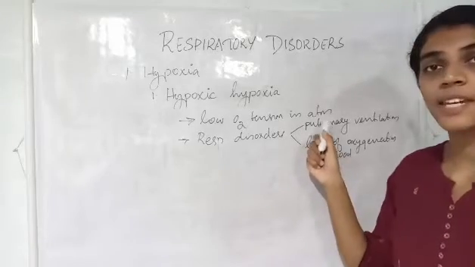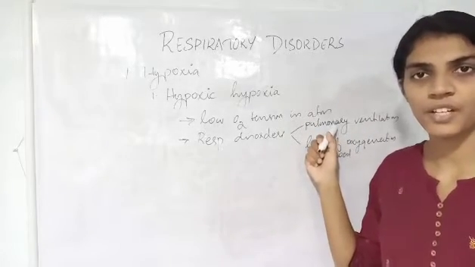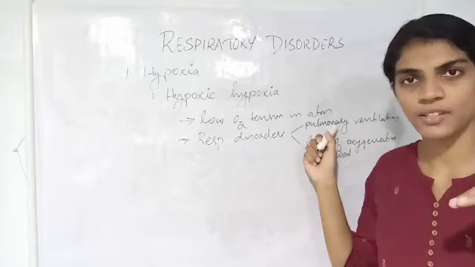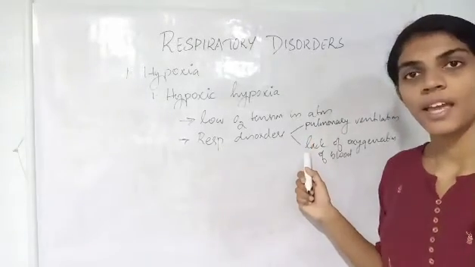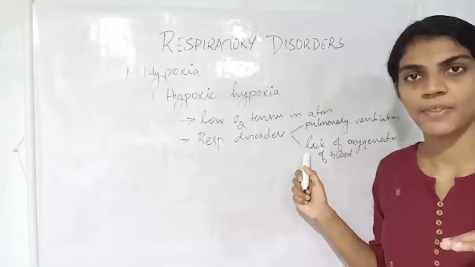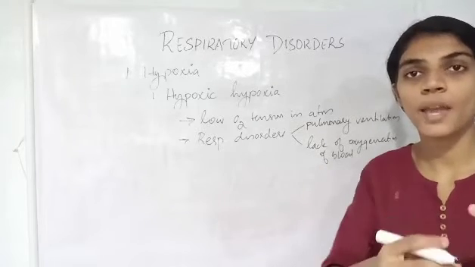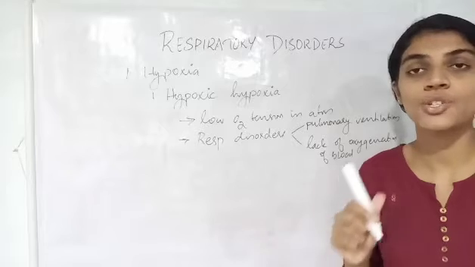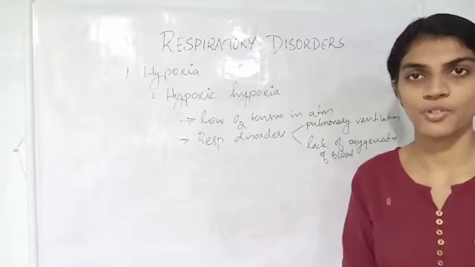First of all, if there is any problem with pulmonary ventilation, any problem of air getting into the lungs. Second one, even if the air has crossed the respiratory tract, if the air is not able to diffuse into the blood, that is also a cause of hypoxia.